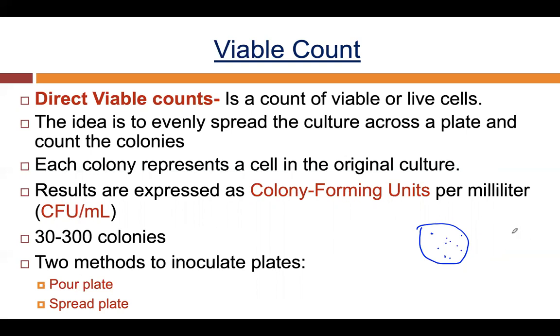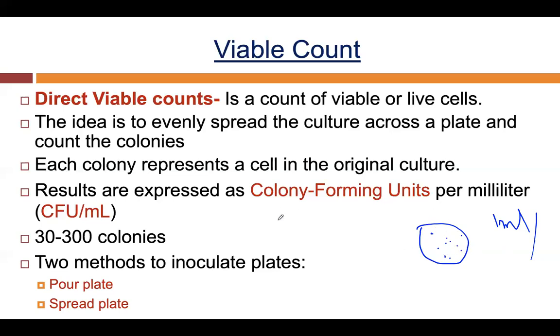Let's say we want to count how many bacteria are in 1 milliliter of water. What we have to do is take 1 ml of water on the plate, nutrient media, allow the bacteria to grow, and then count the number of colonies.